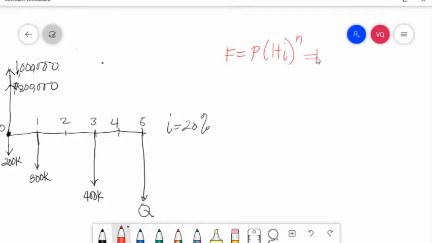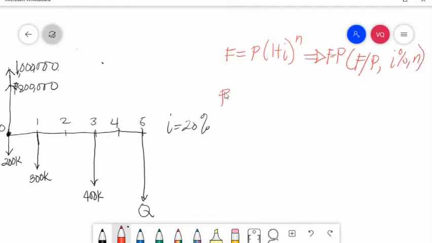And we can rewrite it as F is equal to P multiplied by F over P, i percent, n.